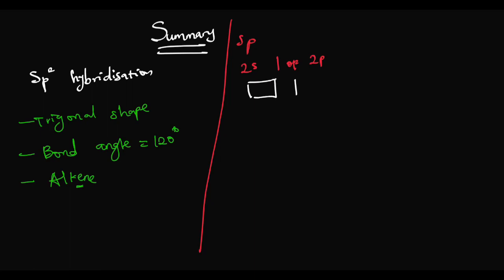Just for recap, let me just draw it. I need this thing to stick. You have to understand it. So this particular stuff is actually formed from this guy and one of this guy. So we are left with 2 unhybridized p orbitals.